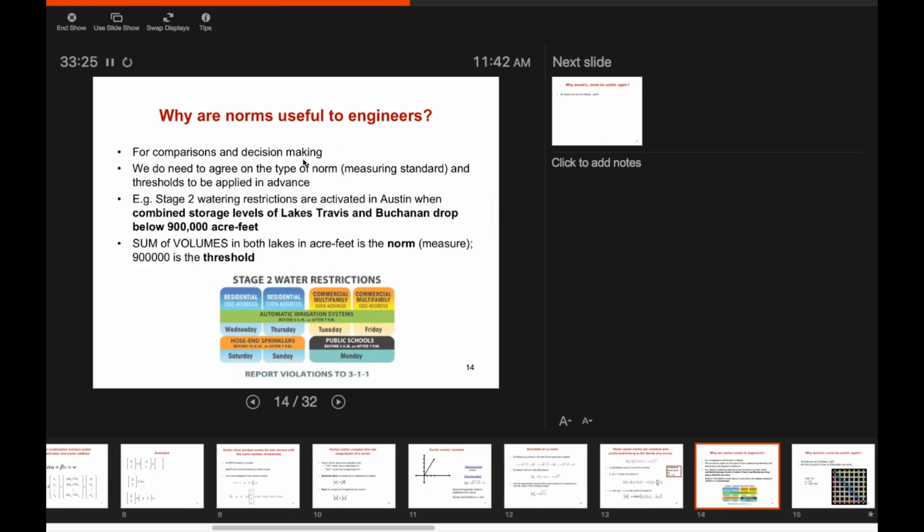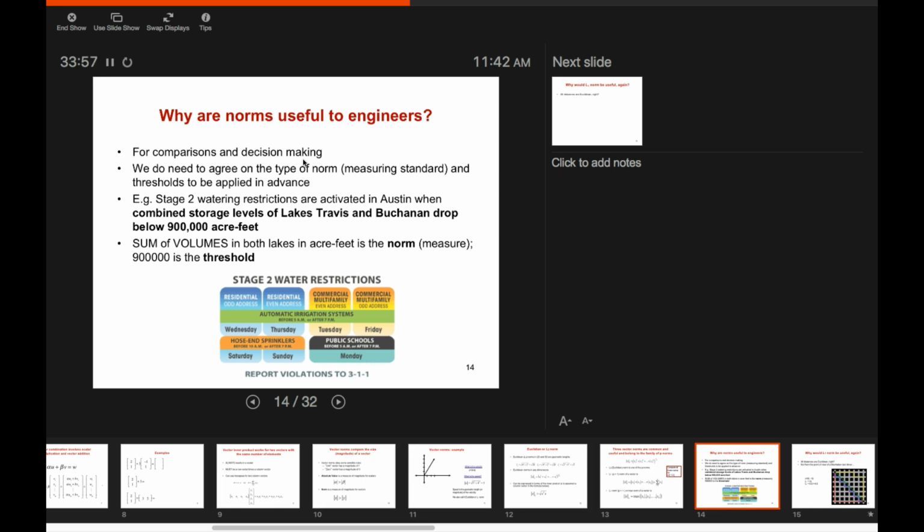So there are different norms that are useful for different things. There's also, for instance, here we're in Austin, and there's all these drought conditions, and engineers need a way to alert the entire city when the drought conditions take place. And actually they have these things online. You can monitor every lake around this city on the LCRA, Lower Colorado River Authority website, and you can monitor their levels.